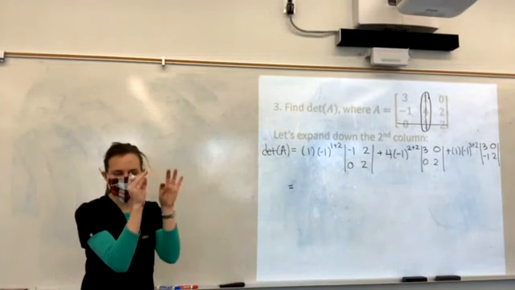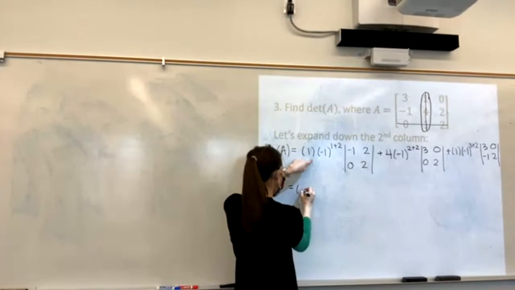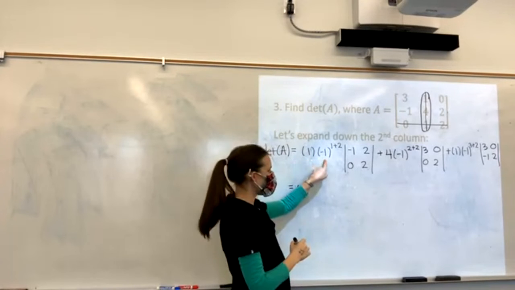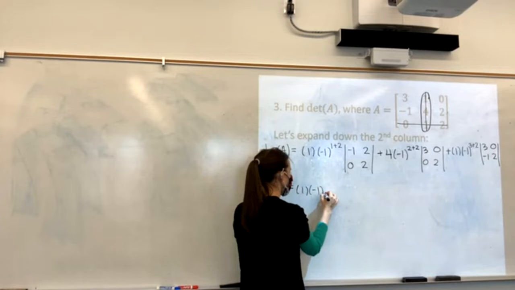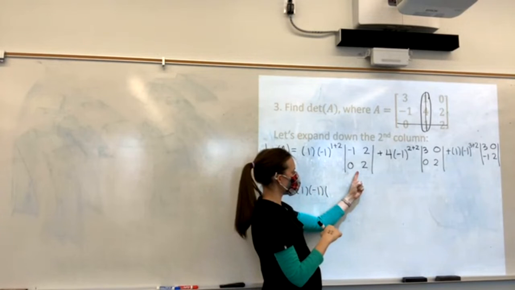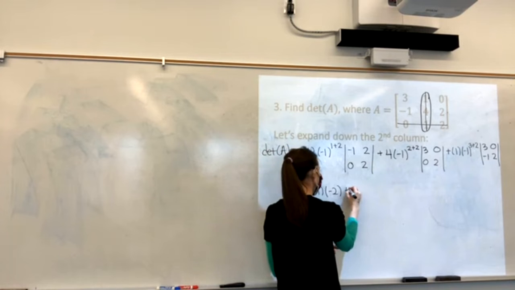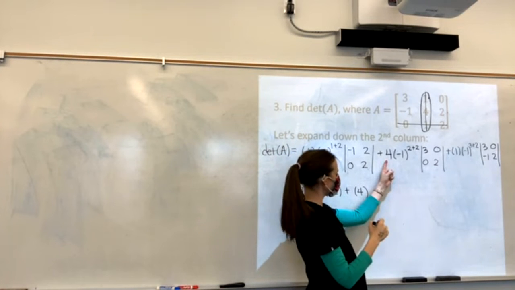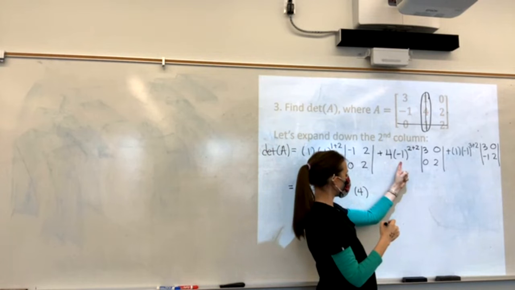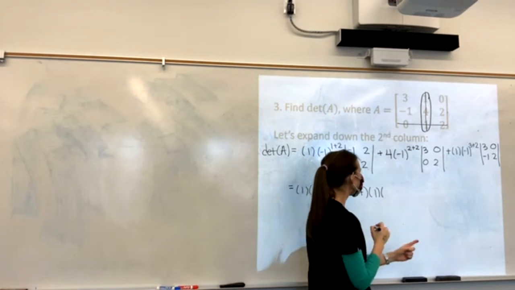So let's untangle all of those little pieces. Okay, so I have a 1. Is this a +1 or a -1? -1. And what's this determinant? -2. Okay. Then I have a 4. Is that a positive 1 or a negative 1? Positive 1. I'll just put it there so you can see that I did it.